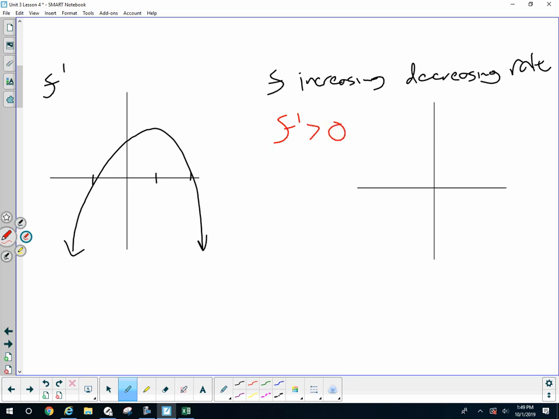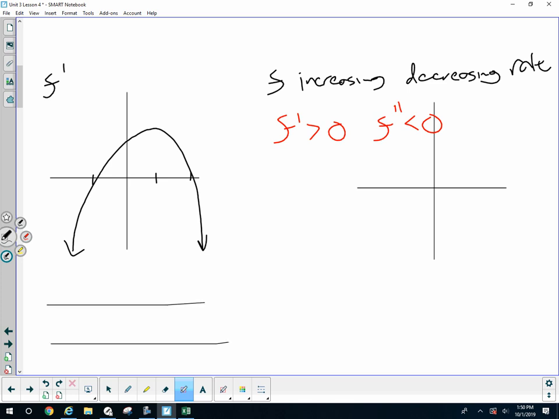It is increasing at a decreasing rate with positive tangent slopes that are getting less and less positive. So the first derivative positive, second derivative negative. We need to be able to get that translation done and then do the sign analysis and find the interval in which f prime is positive and f double prime is negative.